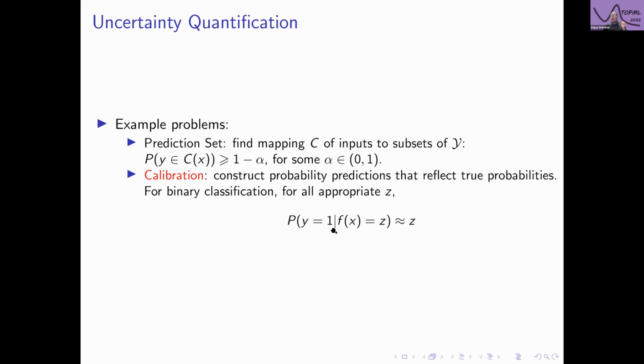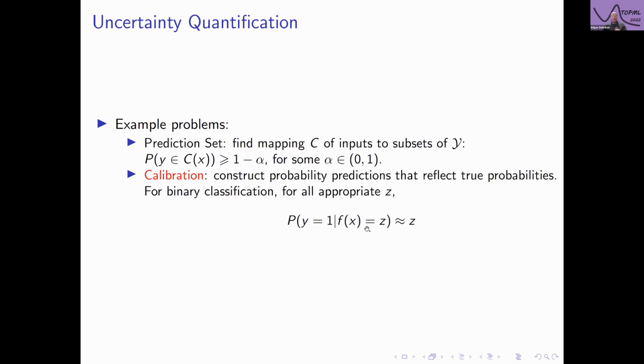So y is 0 or 1, and suppose that I construct a mapping f of x that given an input x maps between 0 and 1, and it is the predicted probability according to me that x belongs to class y. So then what I would hope is that if I output a predicted probability, let's say 0.8, then the true probability of class y equals 1 should be 0.8.